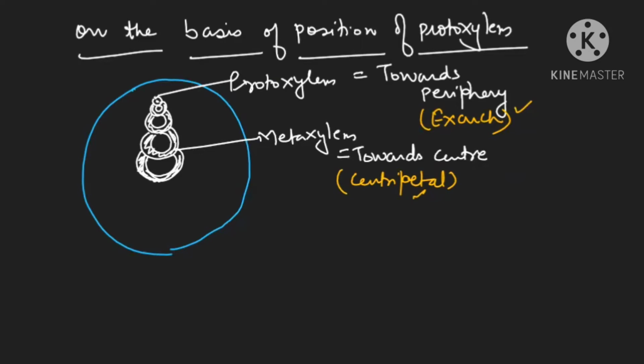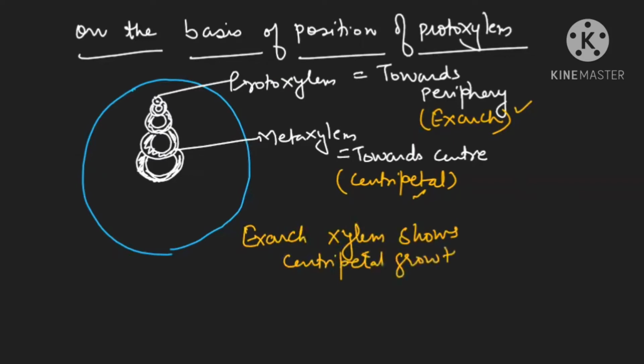It means slowly meta formation is going towards center, centripetal growth. So simple you can understand exarch xylem shows centripetal growth. Is it clear? So one type of classification is exarch xylem.